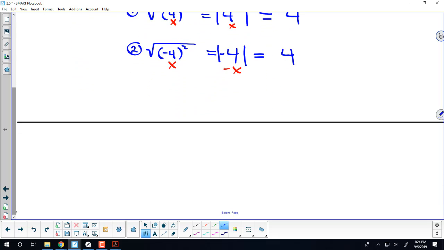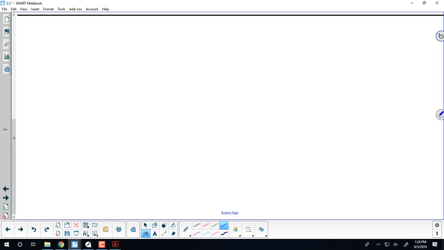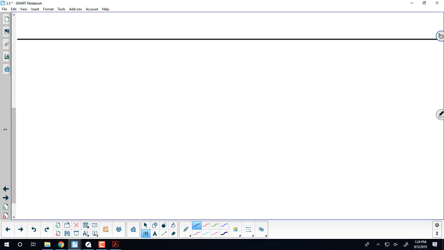Now, extending that pattern, what's the square root of x to the 4th? Okay, what do y'all think? The absolute value of x squared?